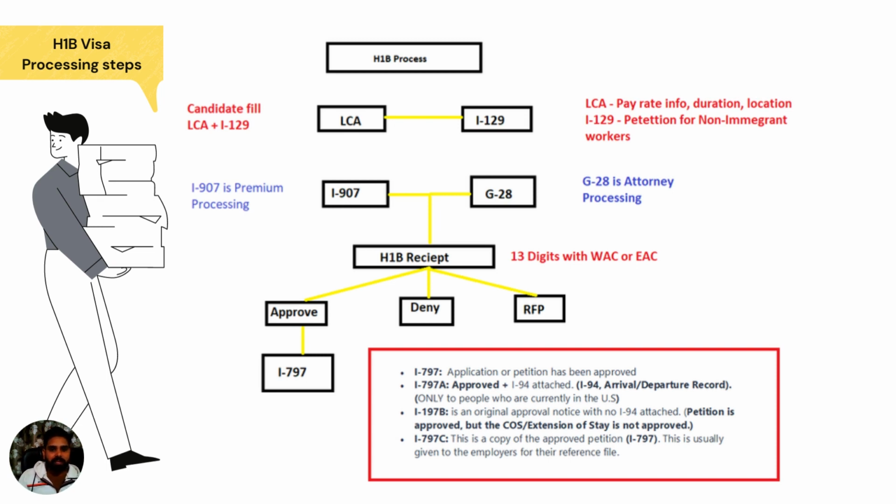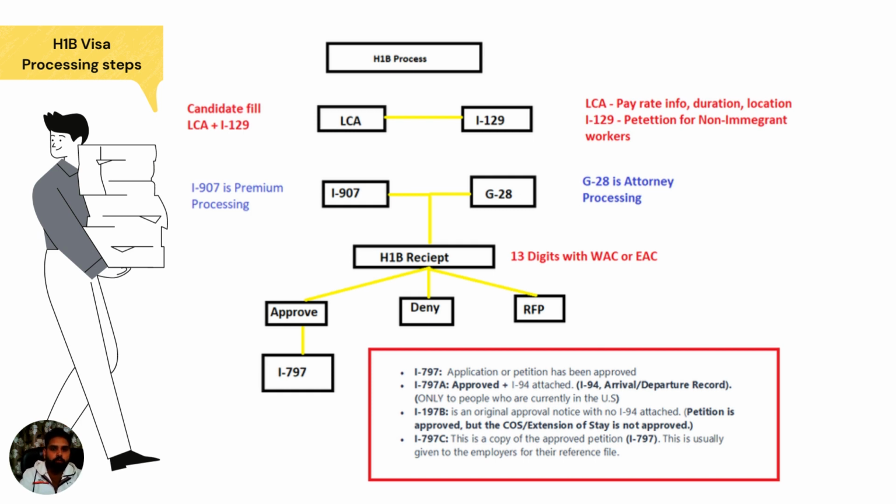To understand this, we will look over the image that I have put on the slide. So let's go through the image. The first thing is LCA and I-129. These two forms, LCA and petition I-129, are filled by the candidate, and they can be filed through an attorney or through premium processing.